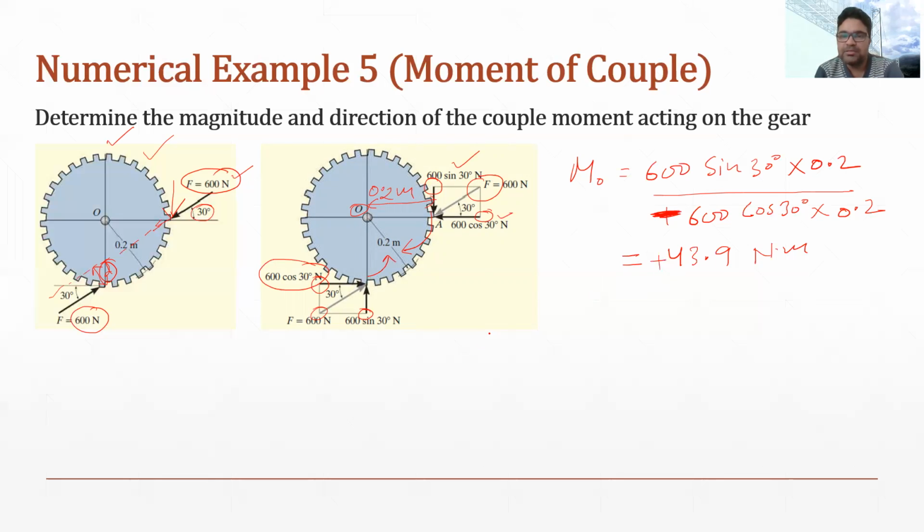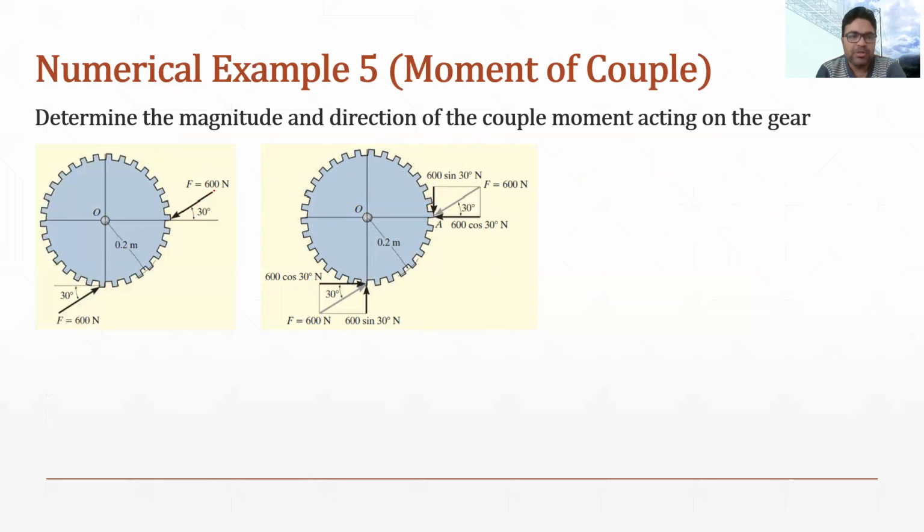This gear will rotate because of these two forces, and the magnitude of the couple will be 43.9 Newton meter. Sorry, actually this will be negative.